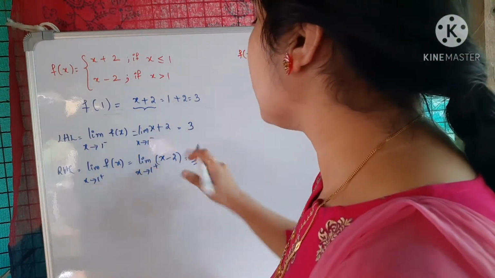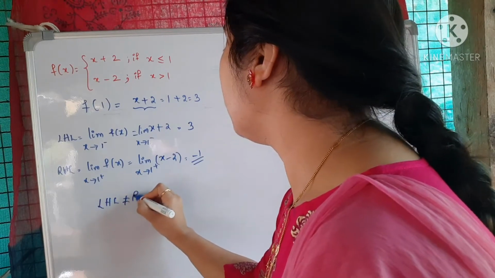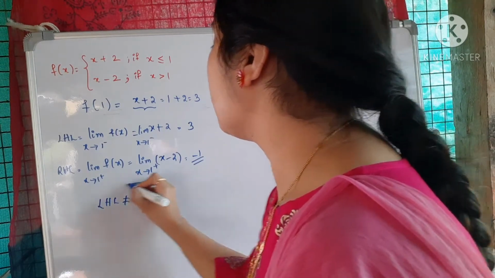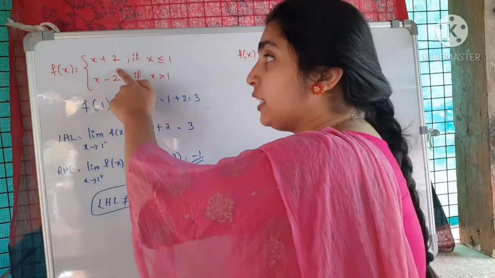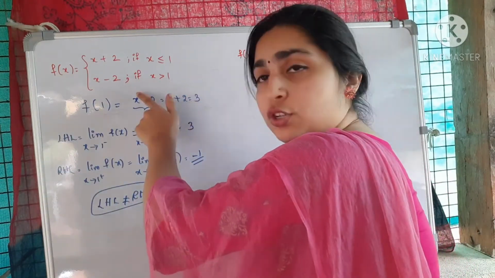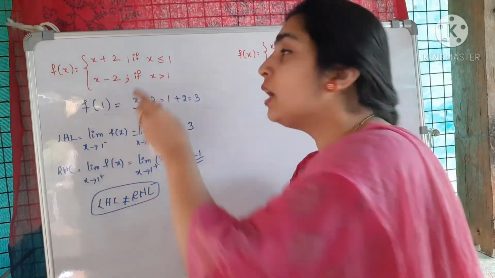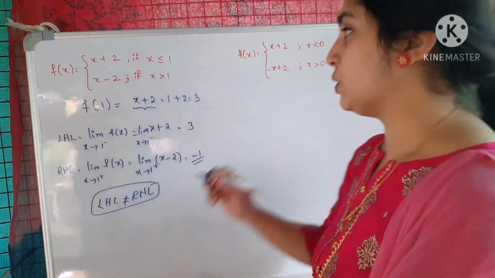So from this we can say the left hand limit is not equal to the right hand limit, and hence this function is not continuous at x is equal to 1. It is continuous for the interval x less than 1, and it is continuous for the interval x greater than 1, but at x is equal to 1, this function becomes discontinuous.